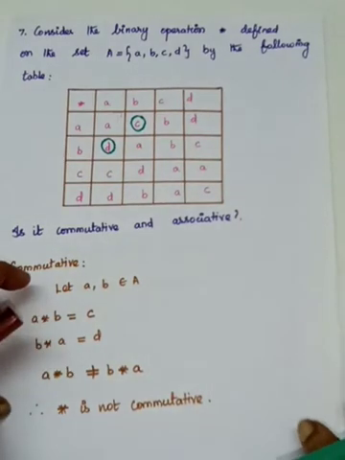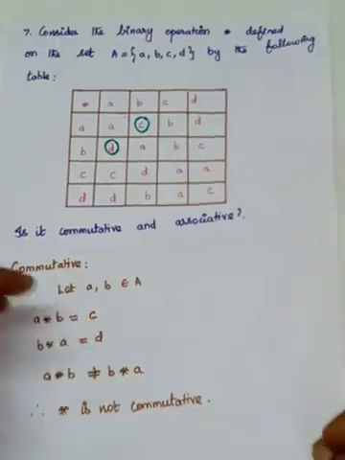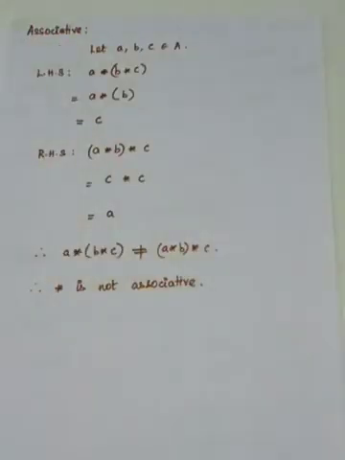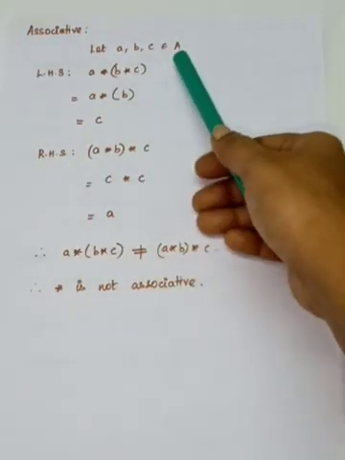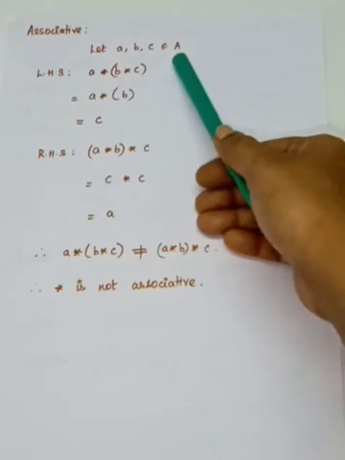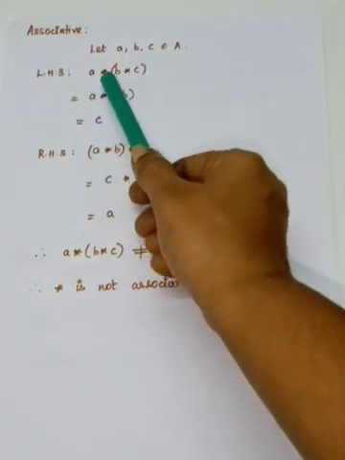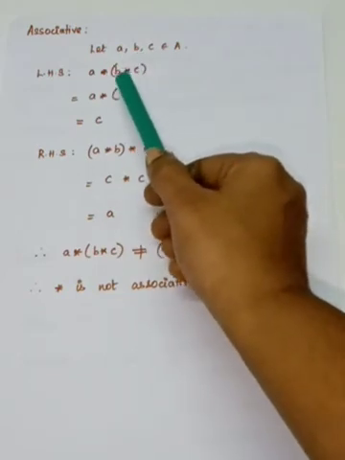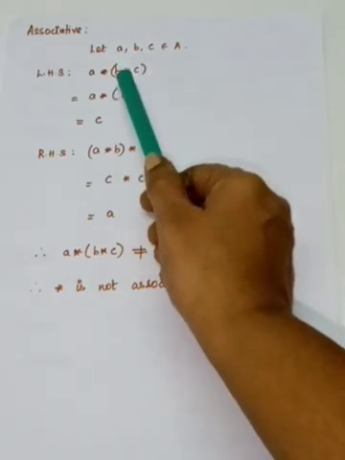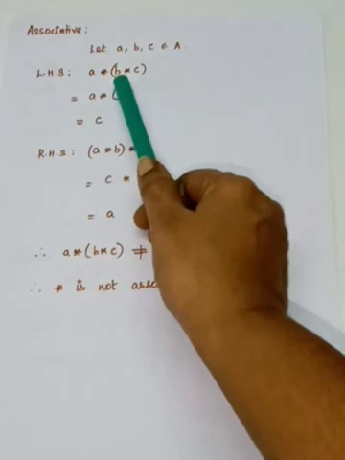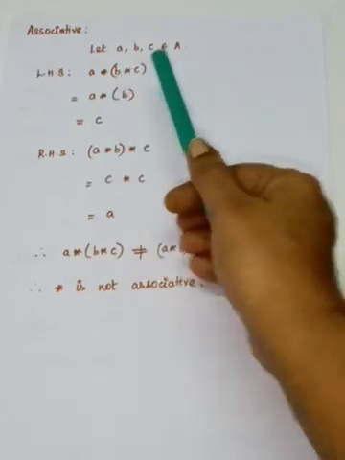Next we have to check the associative. For checking the associative we have to take 3 elements, a, b, c belong to A. First, on the left hand side, what should you have? a asterisk (b asterisk c). First you have to evaluate the bracket term, b asterisk c.